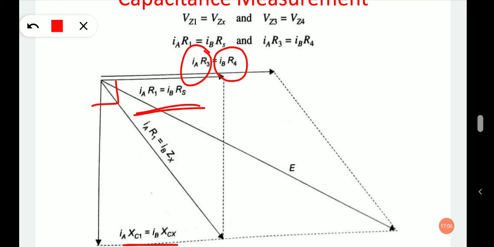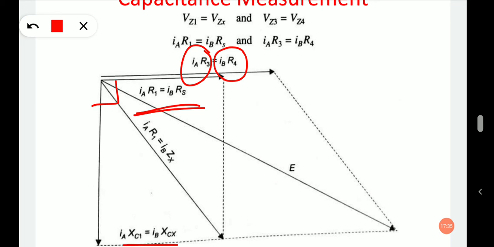The phasor sum of resistive and capacitive voltages IAR1 and IAXC1 is the voltage drop across impedance Z1, that is IAZ1, while that of IBRS and IBXCX is the voltage drop across ZX, that is IBZX.